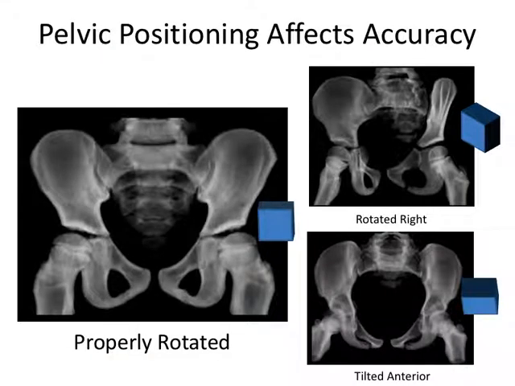So the ideal properly oriented AP pelvis x-ray should look like this, and this is actually a 3D CT that has been sort of masked to create the look of a pelvis x-ray. And then I rotated it to show you the differences that occur with rotation. So the larger image shows you, and this little blue box cues you in as to how it's rotated.